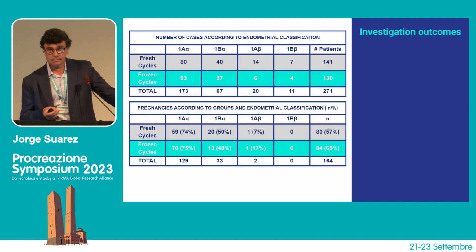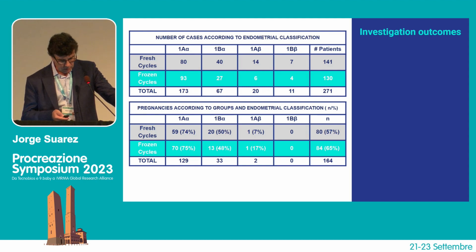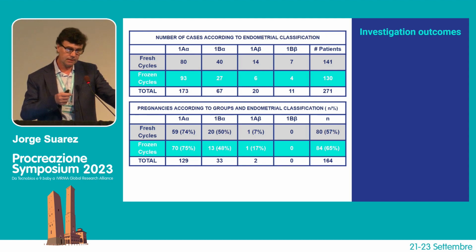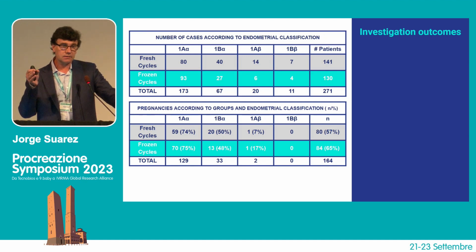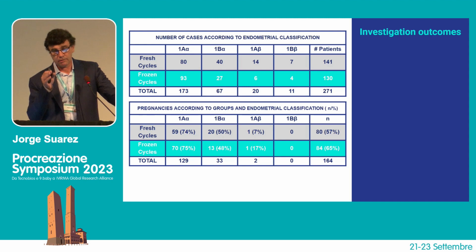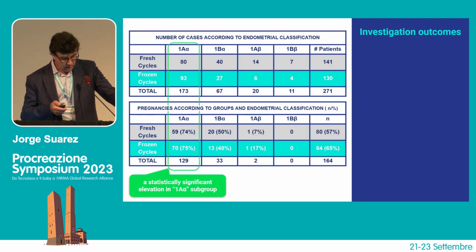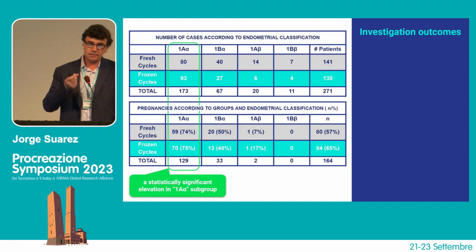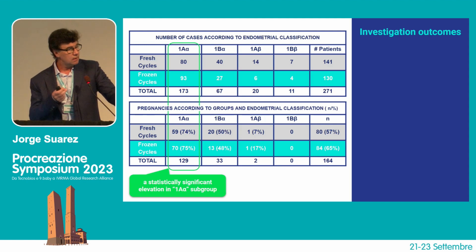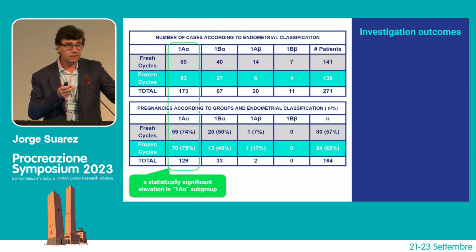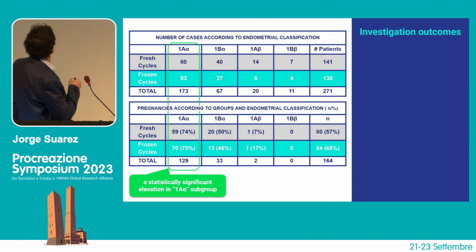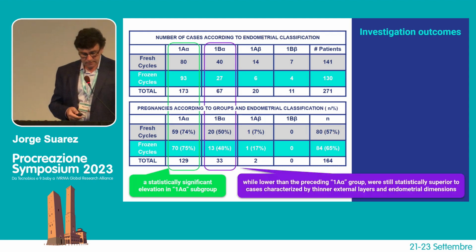But the most important thing is when we correlate these categories with the pregnancy rate. And we identify that in the IVF fresh cycles as well as the frozen transfer cycles, the pregnancy rate exhibits a statistically significant elevation for group 1A alpha, at 74% and 75%.